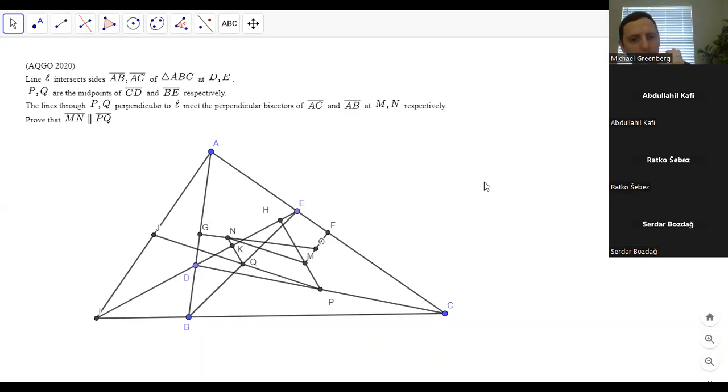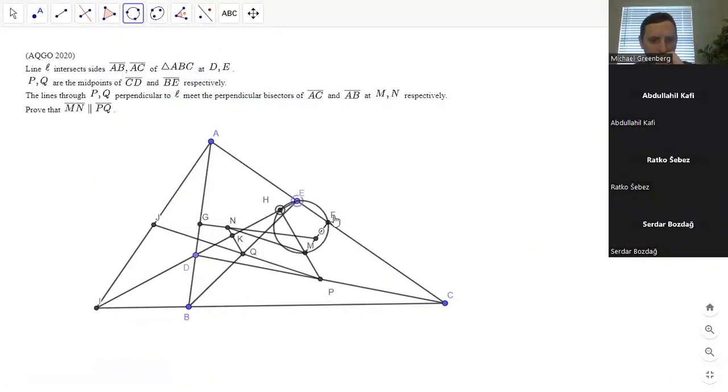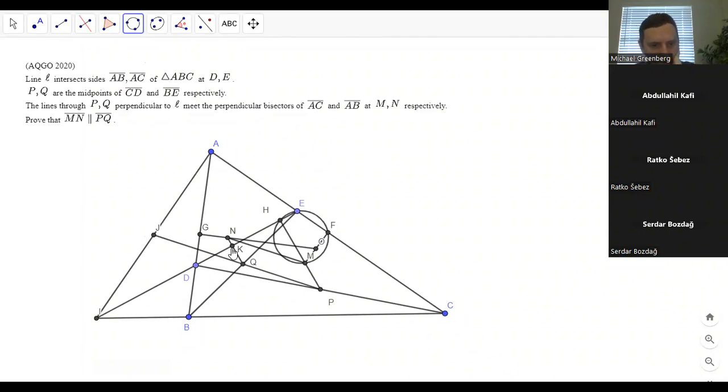All right. So we have a couple cyclic quads, right? We have this, and probably one more. What am I missing? Let's see. So this is a right angle and this is a right angle.